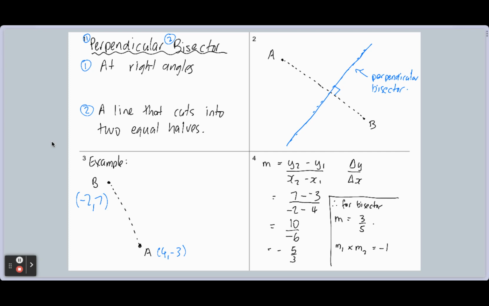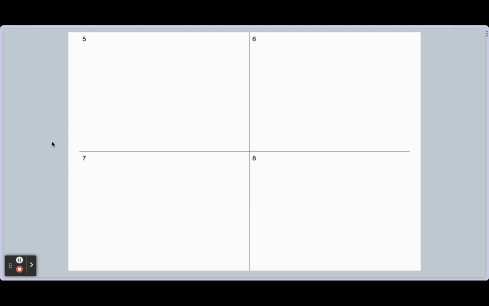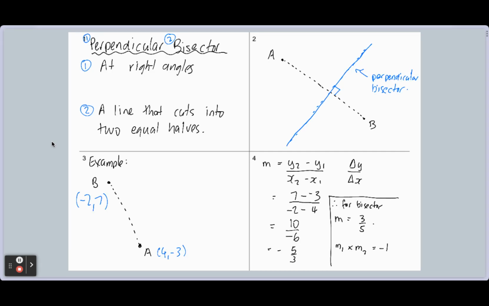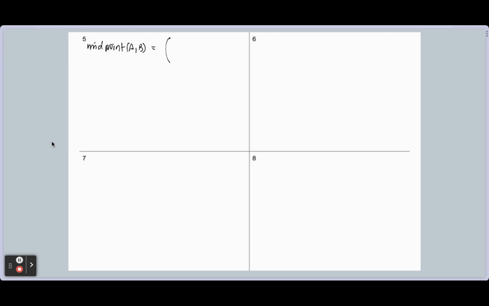So we've got the midpoint of AB is equal to, it's a pair, so I'm putting in brackets, the average of the x coordinates, that's -2 plus 4 over 2. That's the x coordinate.